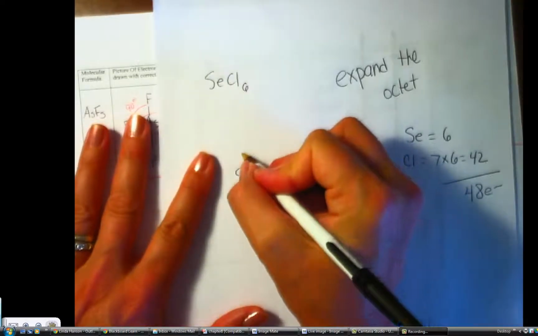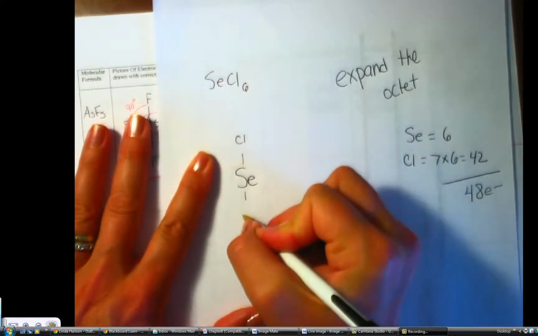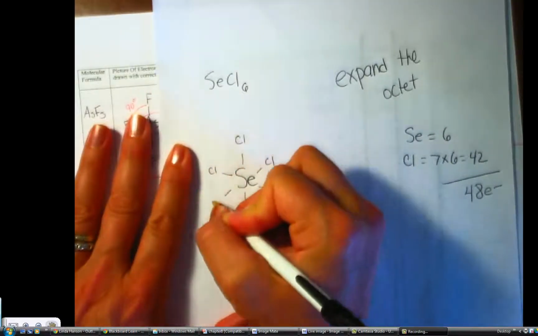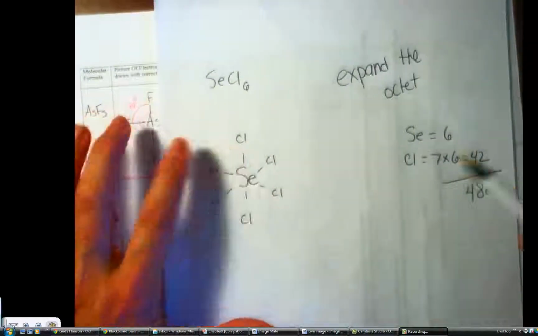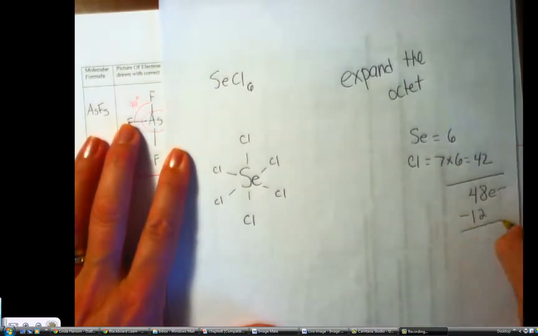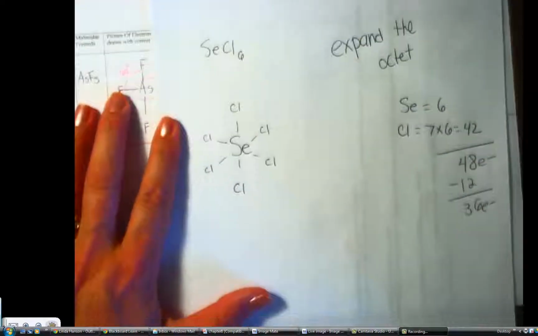Attach all of those chlorines using a single bond and subtract what we've just used. 2, 4, 6, 8, 10, 12, leaving us with 36 electrons to place.